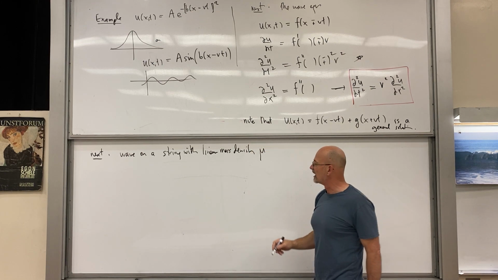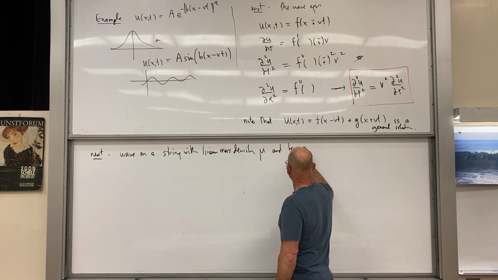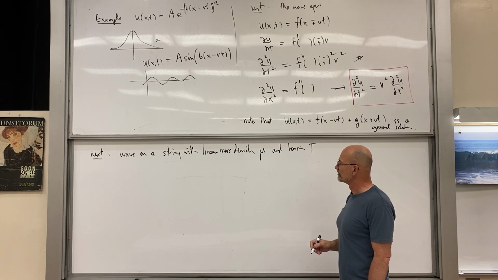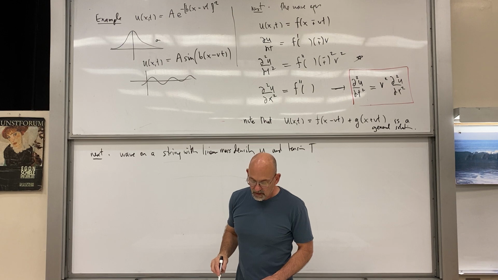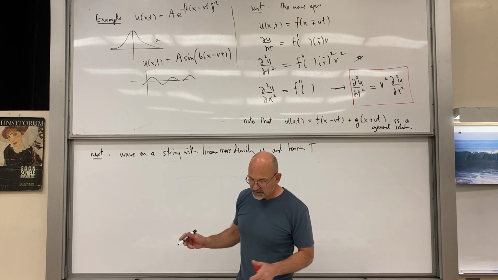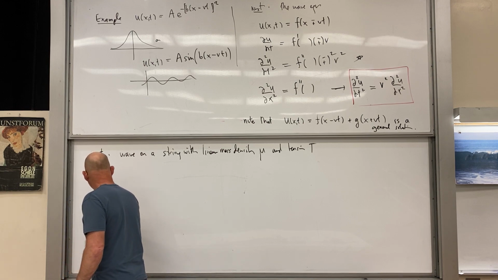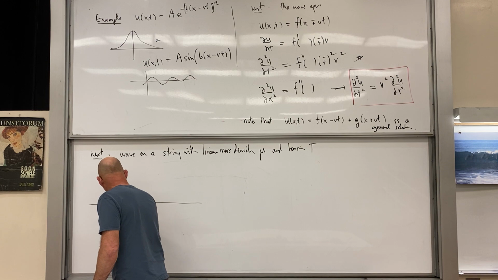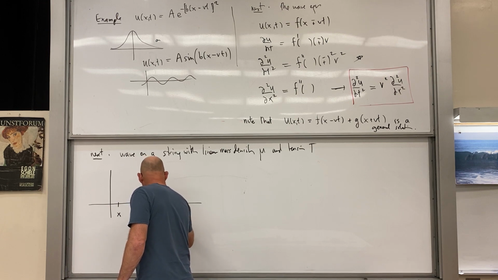So we'll take that as a constant, and the string is under a tension capital T. So we've got a stretched string under tension T. And for our sketch, we'll just take some point X, and we'll take some point X plus delta X.